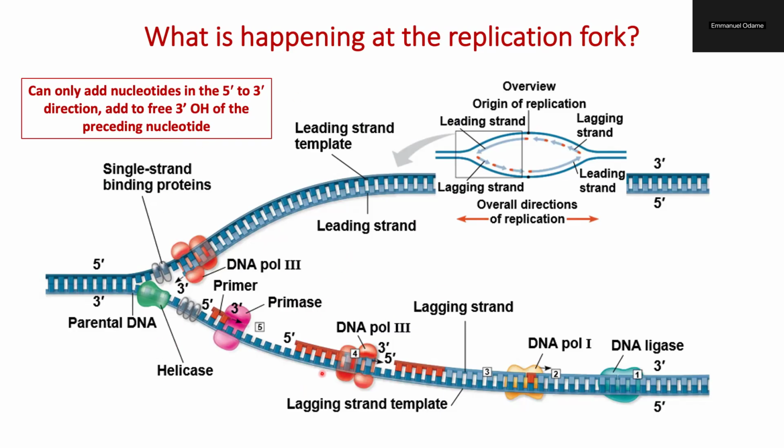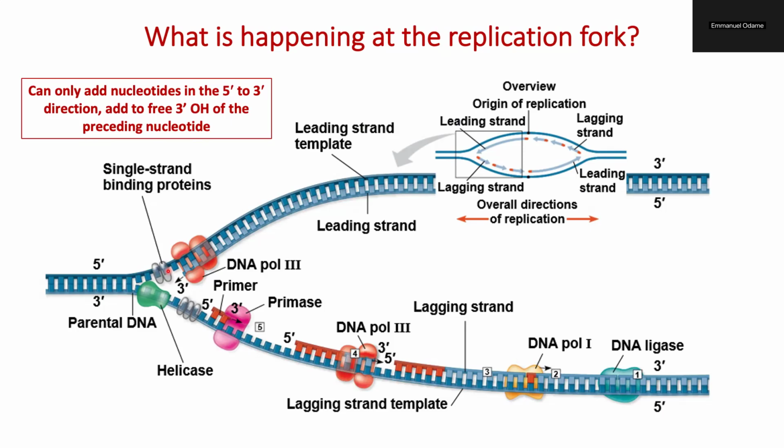Pay attention that replication only happens in the 5' to 3' direction. The next available nucleotide will only be added to the OH group of the leading strand or the lagging strand, based on where the polymerase is present.